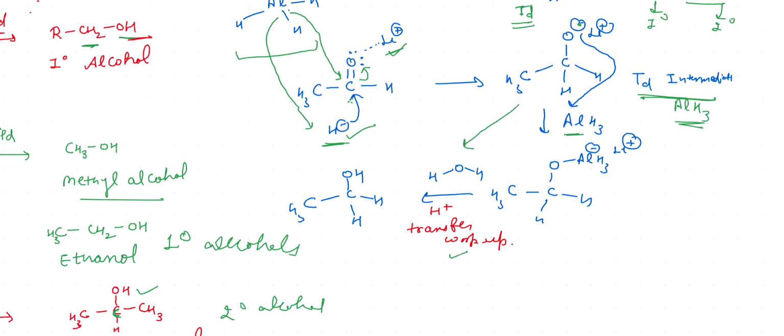When we add water, there is transfer of H positive ions. When H positive ions are transferred, this O negative will get protonated, and then you will get the alcohol, plus there is regeneration of lithium aluminium hydride.